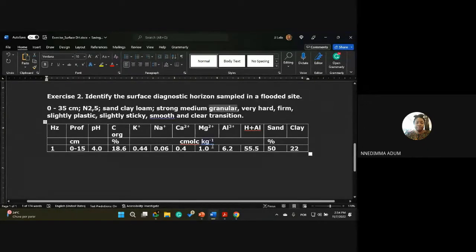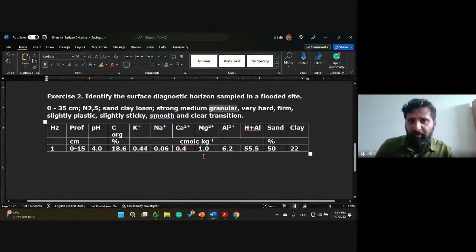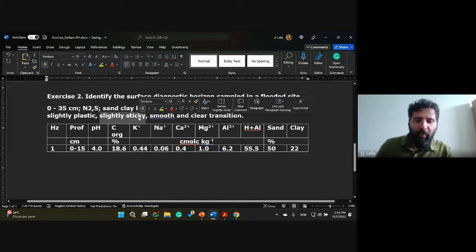We have a granular type, granular shape, and the size is medium. And we have consistence that's very hard when dry, firm when moist, and slightly plastic and slightly sticky when moist.